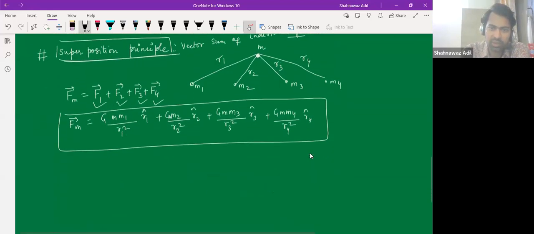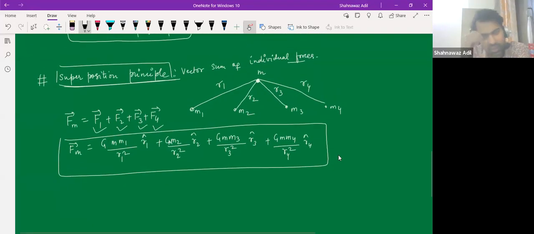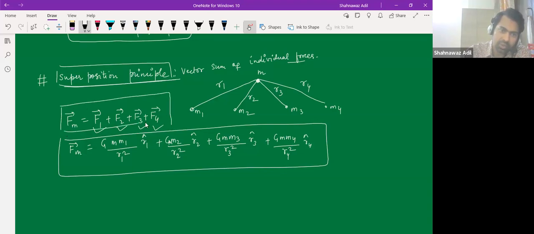Please note this down. This is very important, and we have to remember that the gravitational force follows the superposition principle.